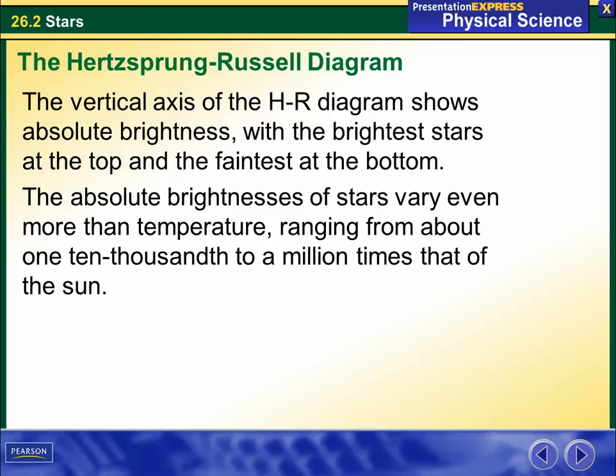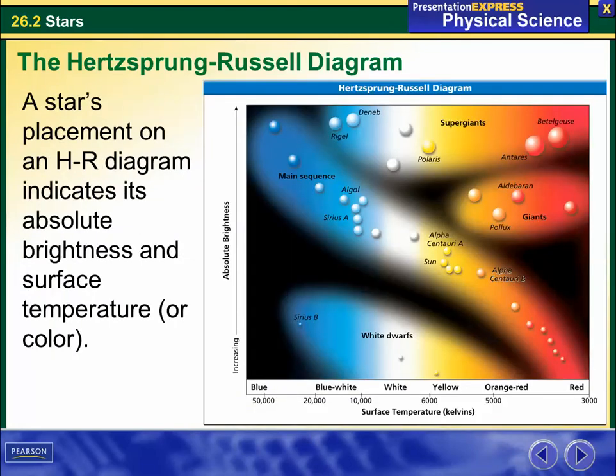And then there are stars that are more than 1,000,000 times brighter than the sun. So take the absolute brightness of the sun, times that by 1,000,000, and you have some of the other stars there. So absolute brightness varies greatly.